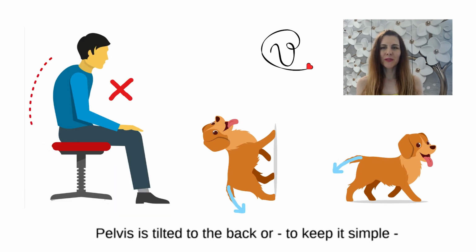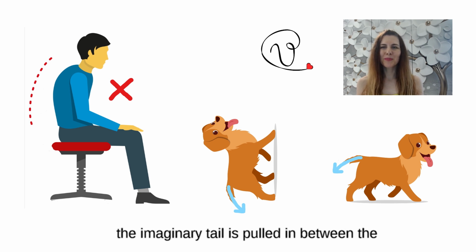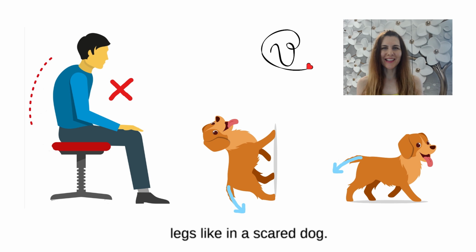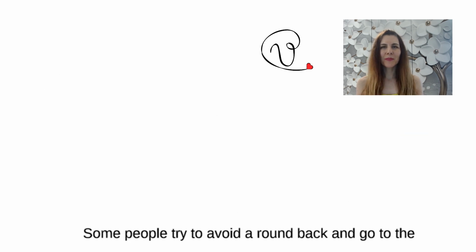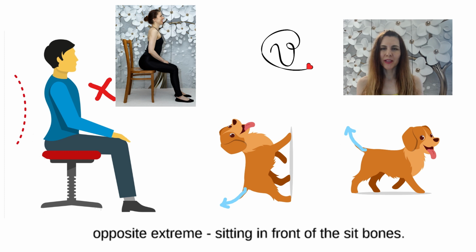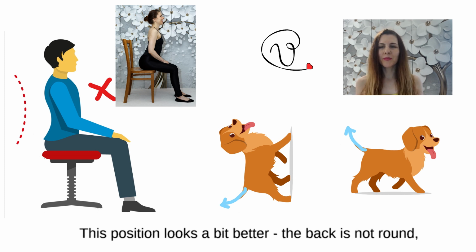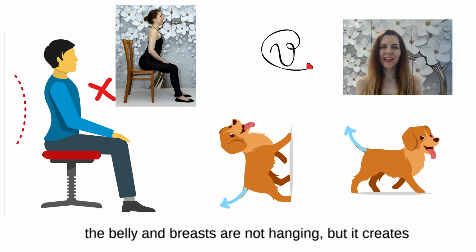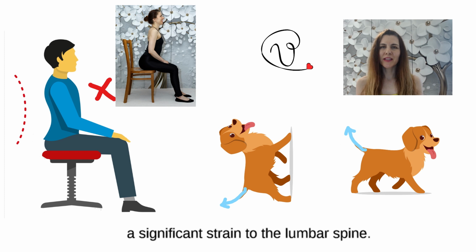Pelvis is tilted to the back, or, to keep it simple, the imaginary tail is pulled in between the legs, like in a scared dog. Some people try to avoid a round back and go to the opposite extreme, sitting in front of the sit bones. This position looks a bit better. The back is not round, the belly and breasts are not hanging, but it creates a significant strain to the lumbar spine.